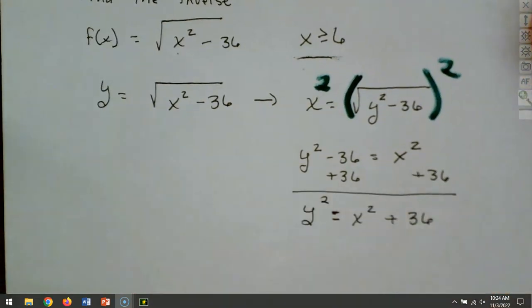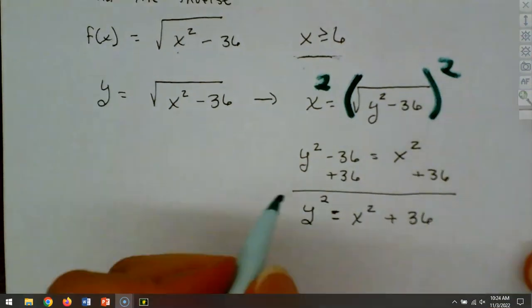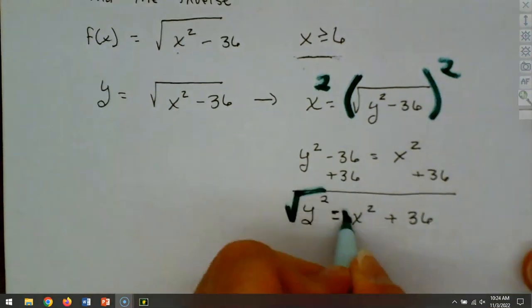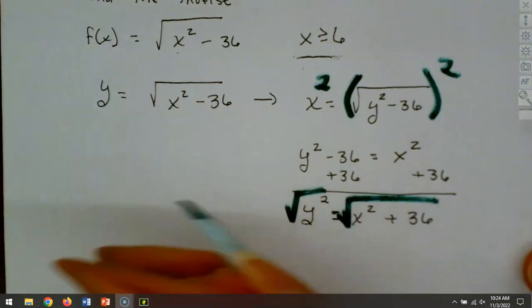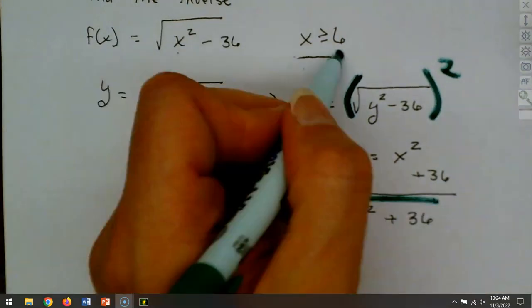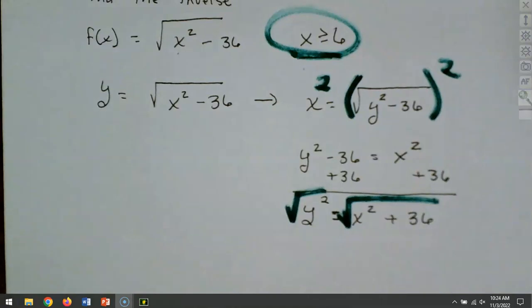And how do we get rid of a square? Well, if we have a square, we get rid of a square by using the square root. Now, we don't have to worry about the plus or minus because we restricted the domain. So we had to restrict that domain.